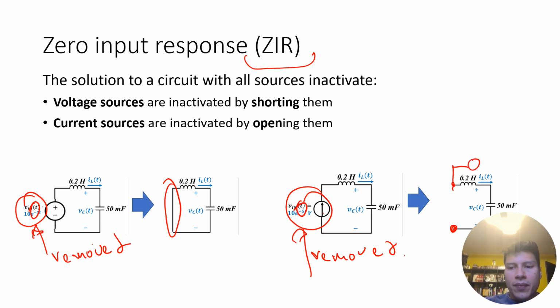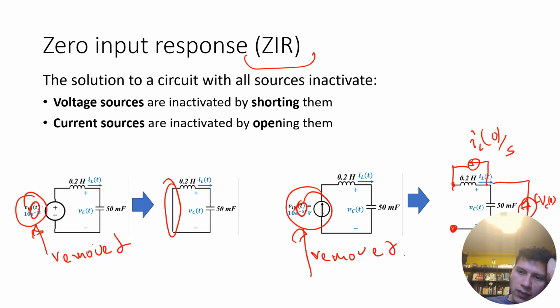Now, to find the zero input response, you would basically take this circuit and then you would add the respective current sources. So basically, this would be ILs of 0 over S. And then here we would have one pointing in the same direction. And this one would be VCs of 0 times the capacitance, if I'm not mistaken.